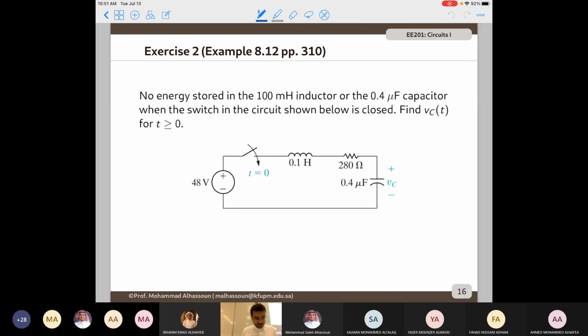Okay, let's try to solve this problem. We used to have a circuit without a switch. Then at t equals 0, the switch is closed. What we want to do here is find the voltage across the capacitor.